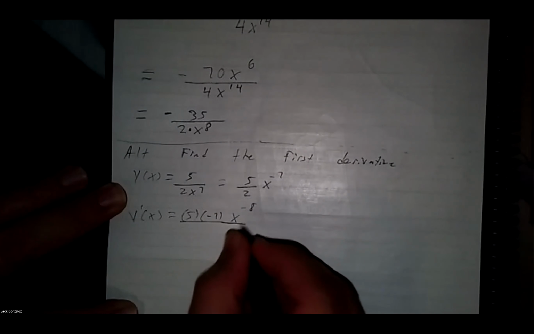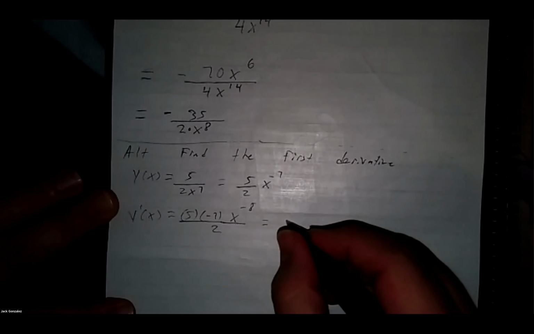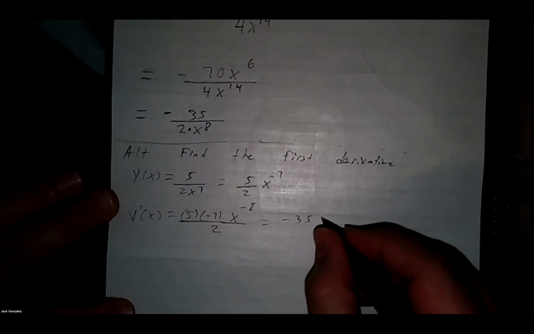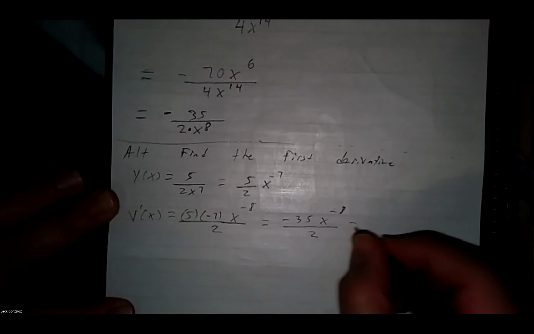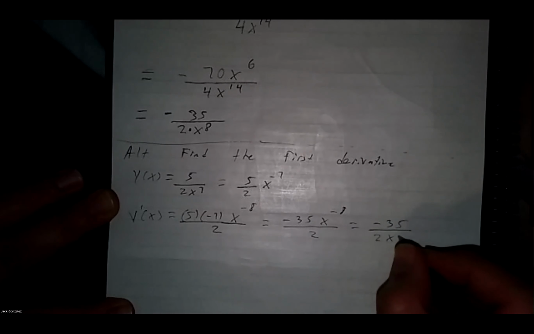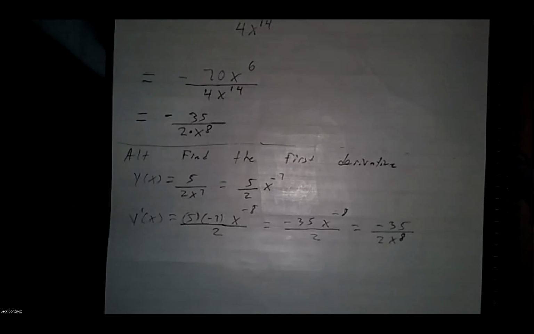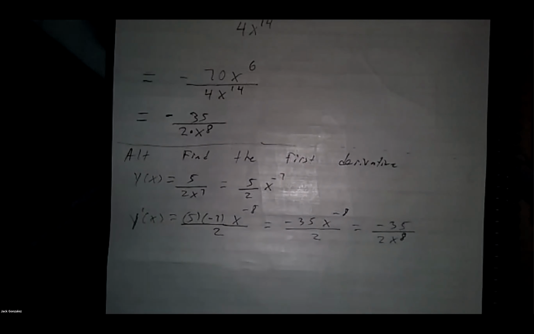Two is still there. 5 times negative 7 would be negative 35 x to the negative 8 over 2, and then just bring the negative power down, and you're done. You see how you don't really have to do quotient for this particular question.